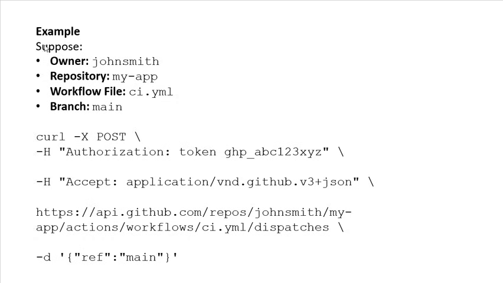And here is an example. Suppose the owner name is John Smith, the repository is my-days-app, the workflow file is ci.yml, and the branch is main.